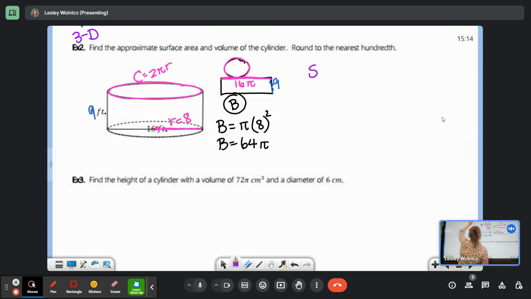Our surface area is our lateral area. So 16 pi times 9. This is our lateral area. Plus how many of our bases? Okay. And they're each 64 pi.